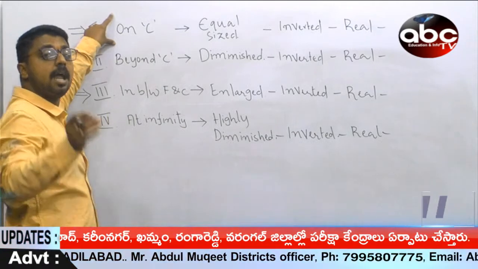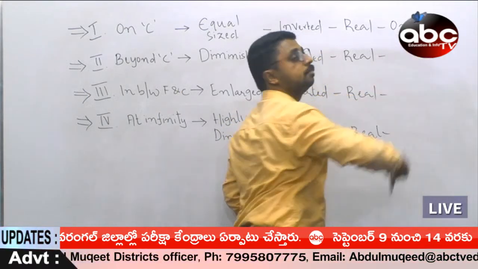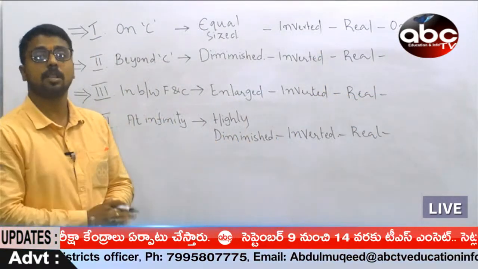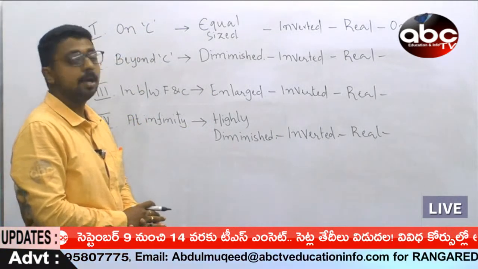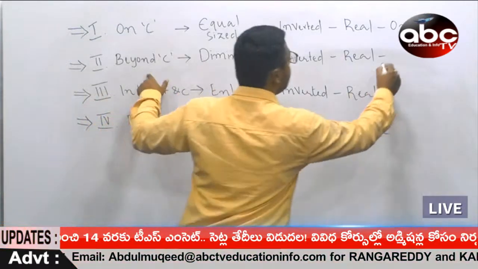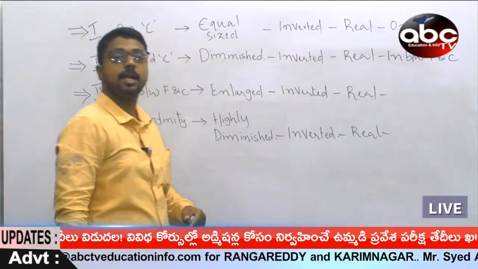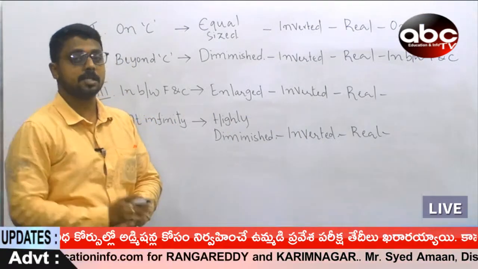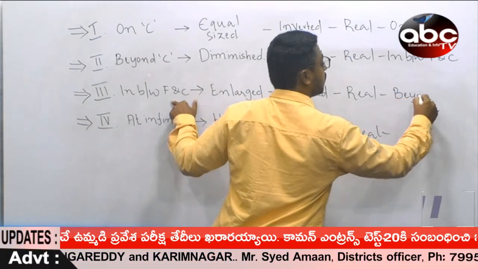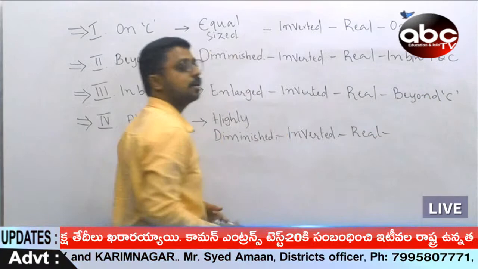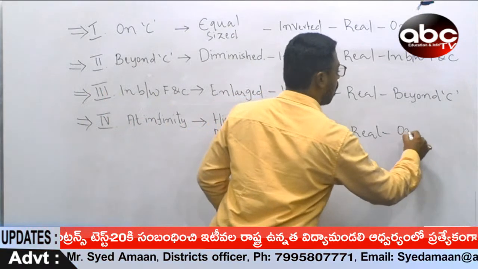On C, if you place the object, where does the image come? It comes on C itself, the center of curvature. Now see, if you take the object beyond C, what is going to happen? The image comes in between F and C. If you take the object in between F and C, the image is beyond C. And lastly, at infinity, the image is on the focus.